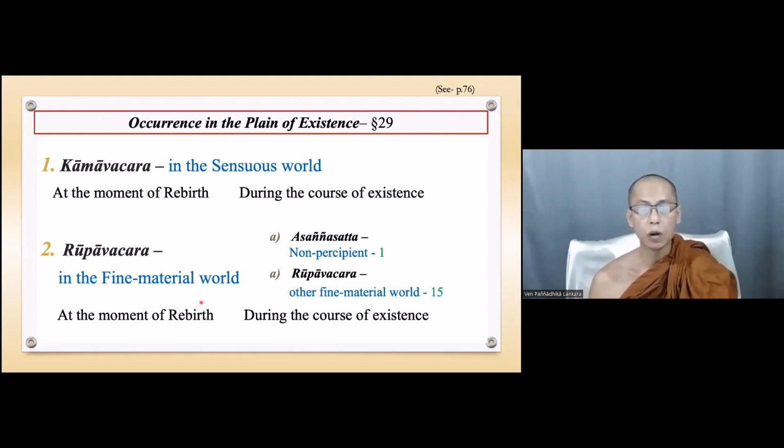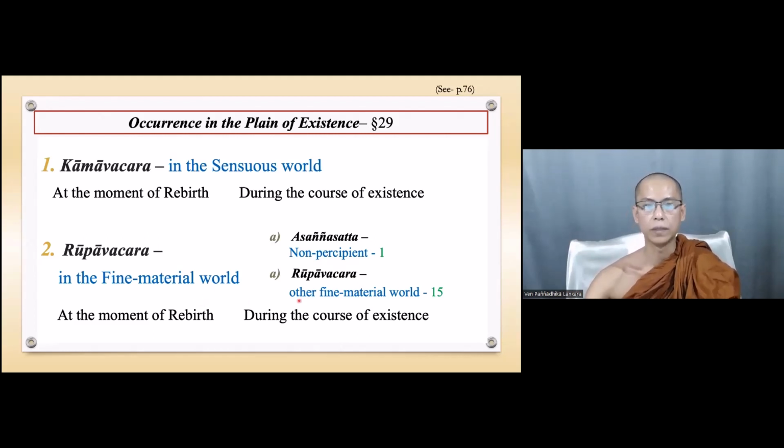Among the 31 planes of existence, the 4 planes are the immaterial sphere world. So we don't need to consider the occurrence of materialities in the immaterial planes of existence, because that itself is the total absence of the occurrence of material phenomena.